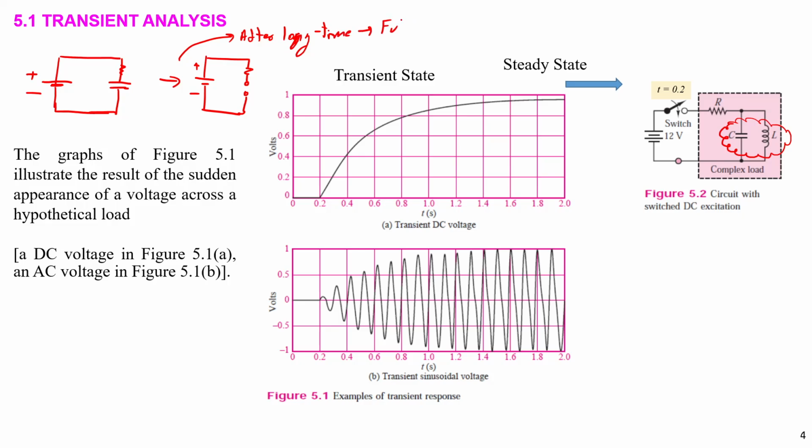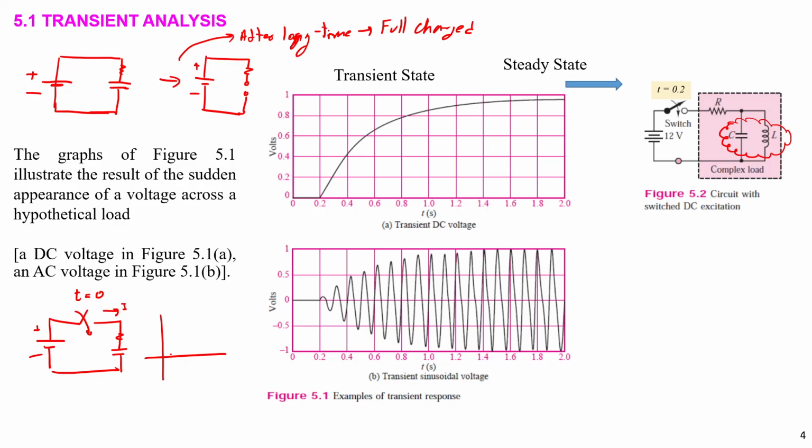Okay, it becomes fully charged. But when we switch on, we close the switch at t equal to 0. The voltage across the capacitor, and current flow is there.